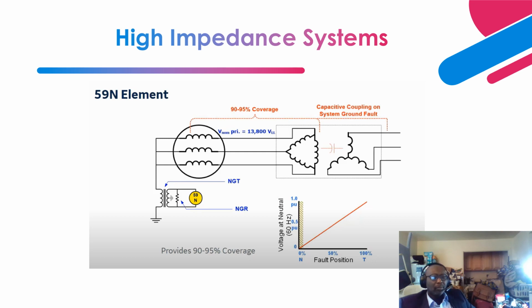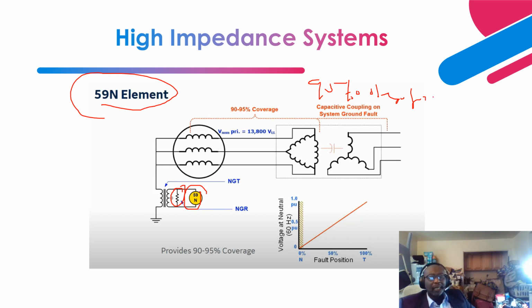Like I indicated, the 59N relay is connected across this resistor for a high impedance grounding scheme, right? It provides 95% stator ground fault protection.